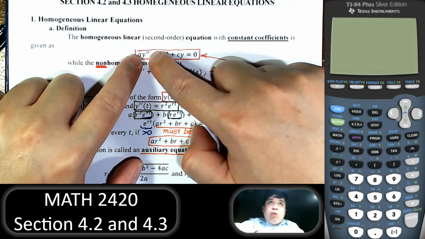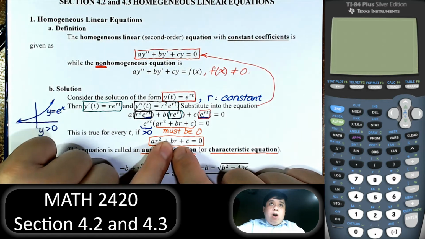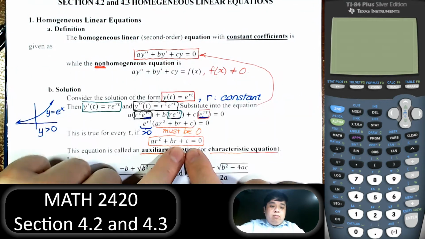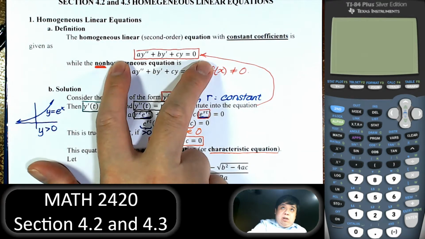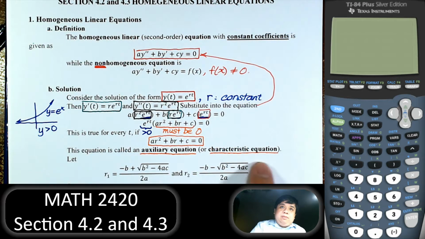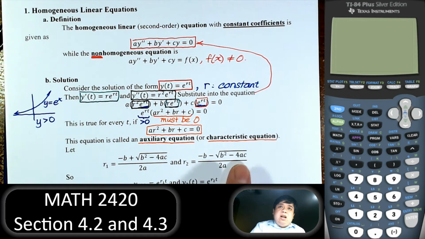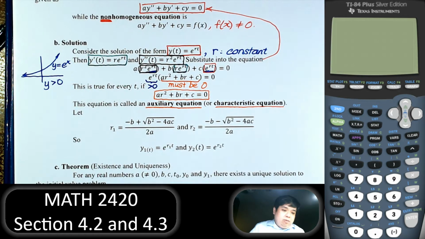So second derivative r squared, first derivative r, and the function is a constant. So we match the original differential equation to the auxiliary equation. Right. And then for the quadratic equation, this is the solution. So the solution is in this form.